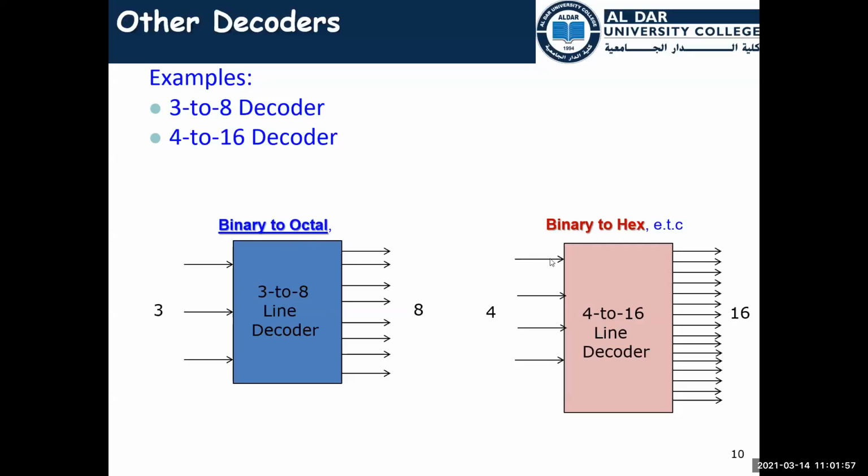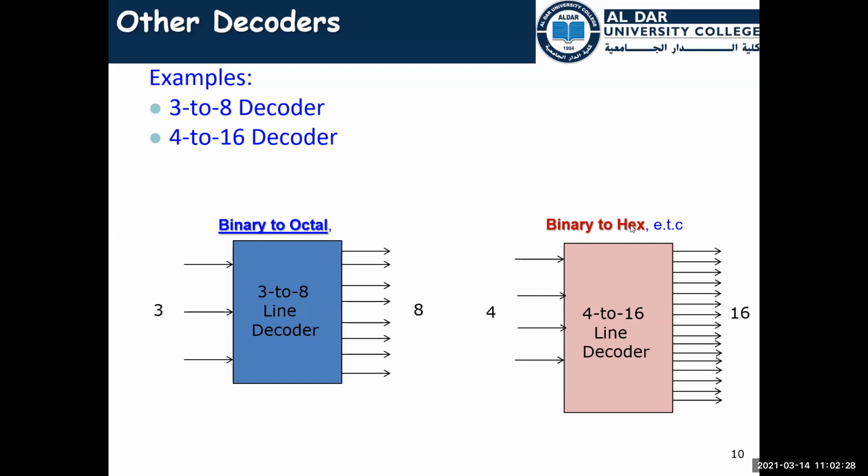So here, binary to octal is the 3 by 8 line decoder, and we also have binary to hexadecimal, just as a representation. If you want to remember the decoders and their names, it is better to represent the 3 by 8 as binary to octal, and 4 by 16 as binary to hexadecimal.